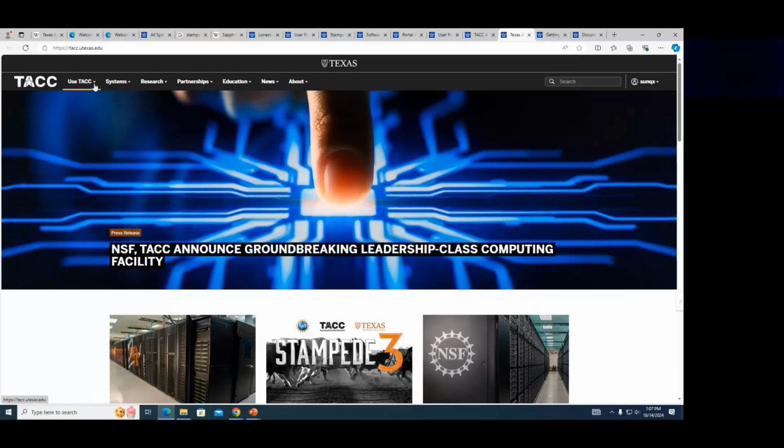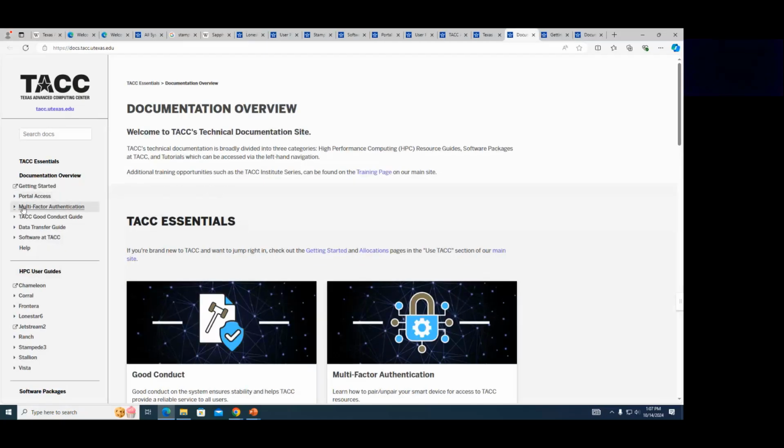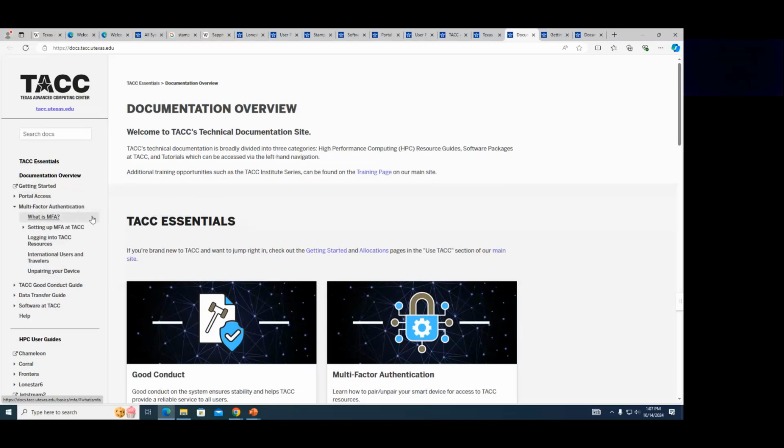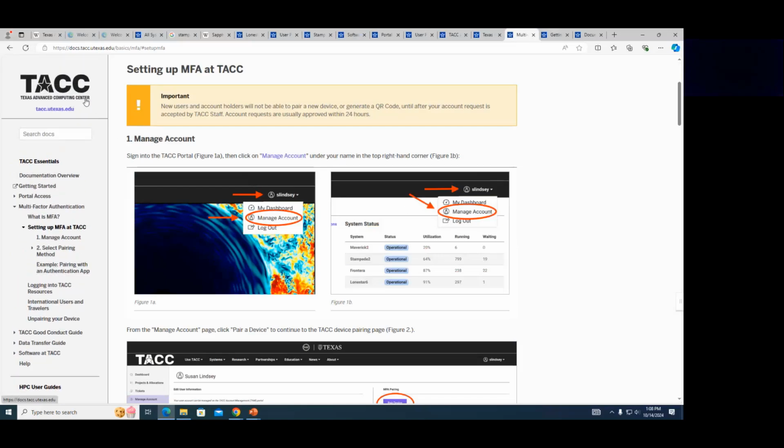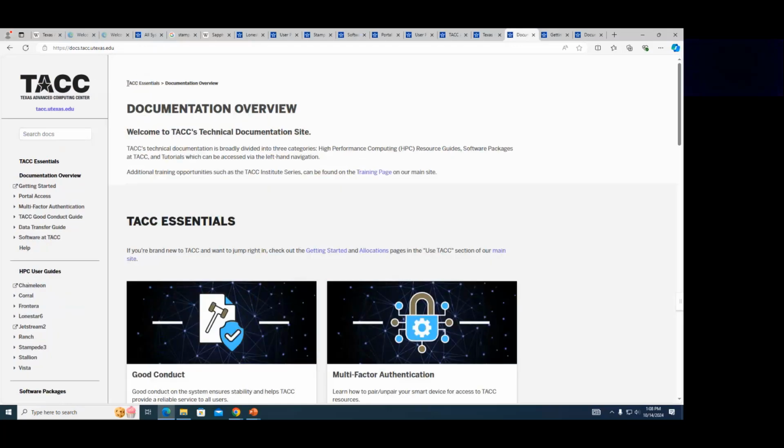Whenever your account is approved, you need to follow the procedure to set up the multi-factor authentication. Basically, it's the same as Lamar. You need to use that Duo to get the access code. You see, make sure you remember this place. Go to the documentation.